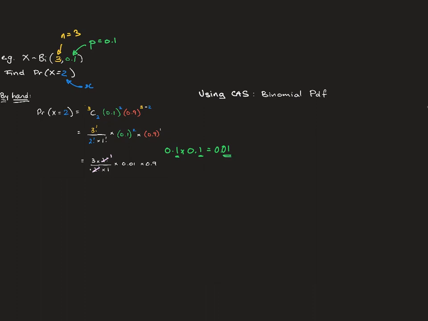And now we go through and multiply those together. So that simplifies to 3 times 0.01 times 0.9. So the numbers give us 27 as an answer, and we have 3 decimal places. So you can see I've got 3 decimal places in my answers.